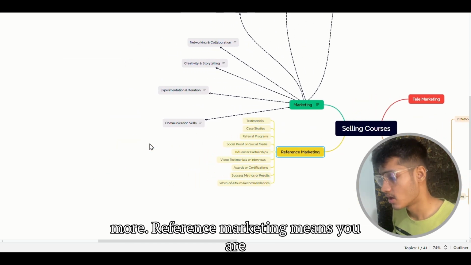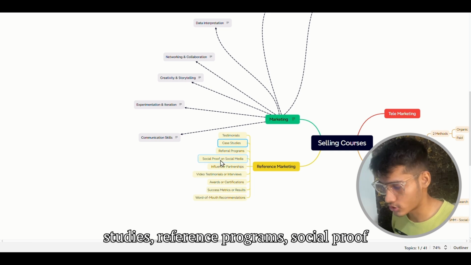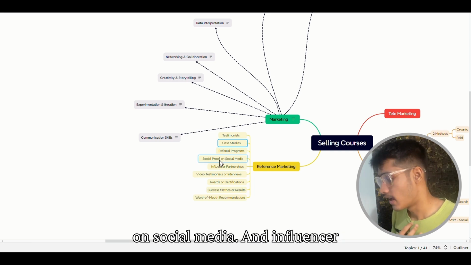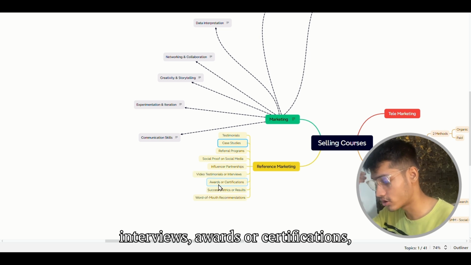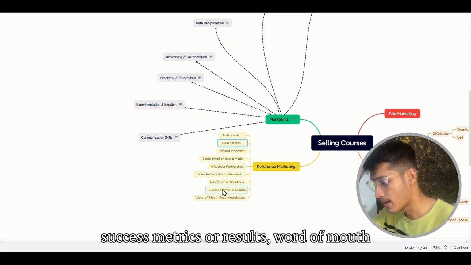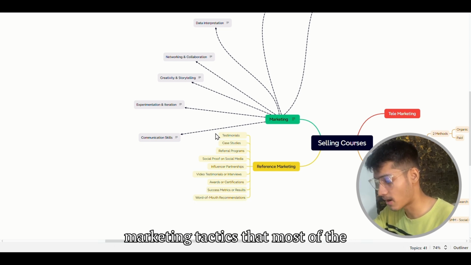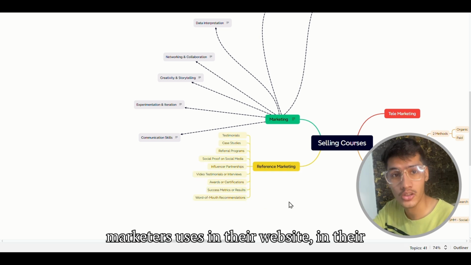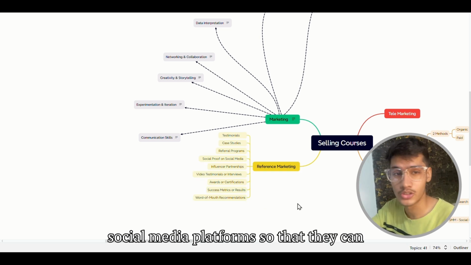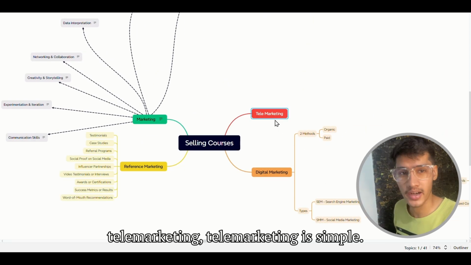Reference marketing means you are using your clients' testimonials, case studies, referral programs, social proof on social media, influencer partnerships, video testimonials or interviews, awards or certifications, success metrics or results, and word of mouth recommendations. These are reference marketing tactics that most marketers use on their websites and social media platforms so that they can sell more to other customers. Now telemarketing is simple.